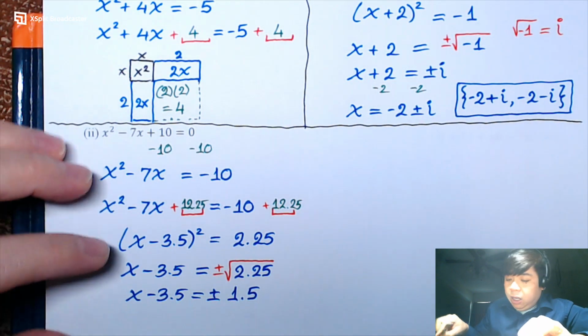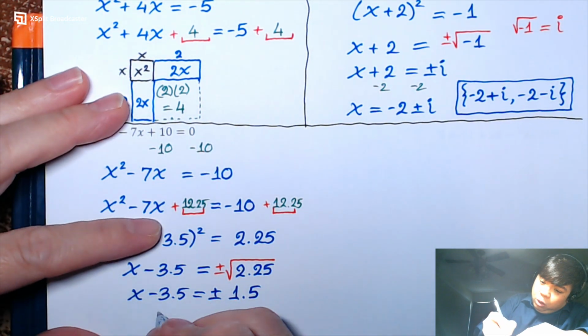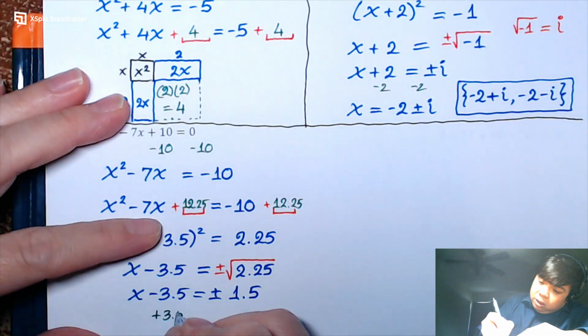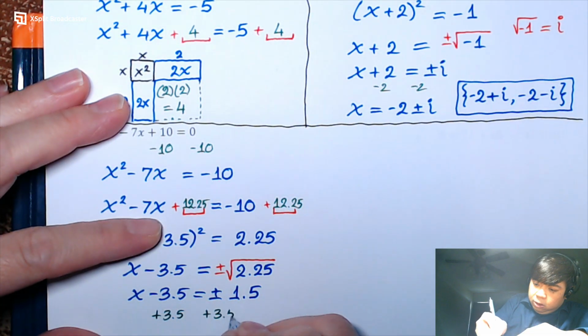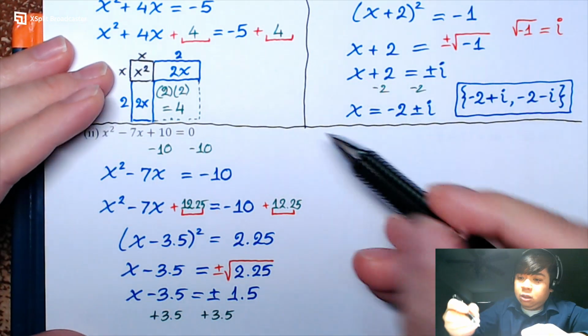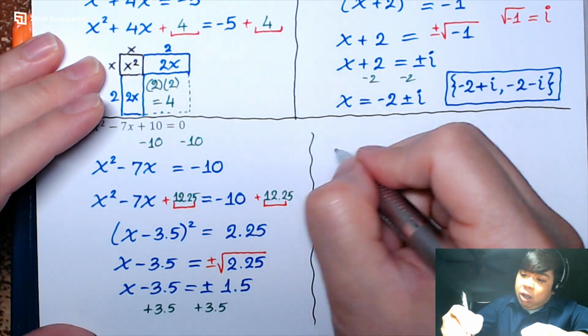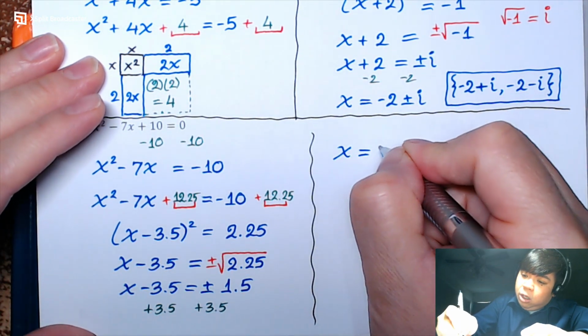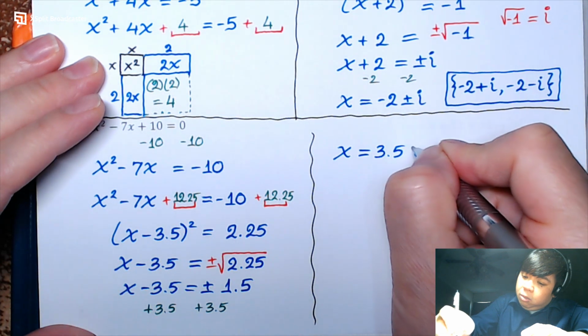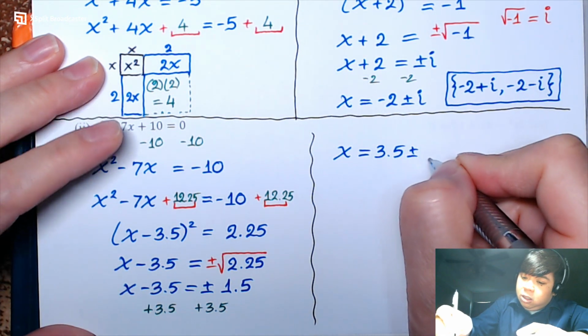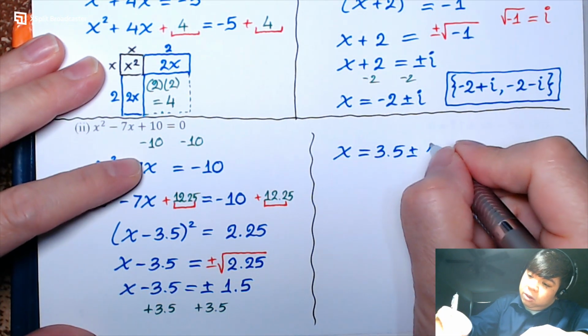Okay, and now we just add 3.5 on both sides. And we will have x equal to 3.5 plus or minus 1.5.